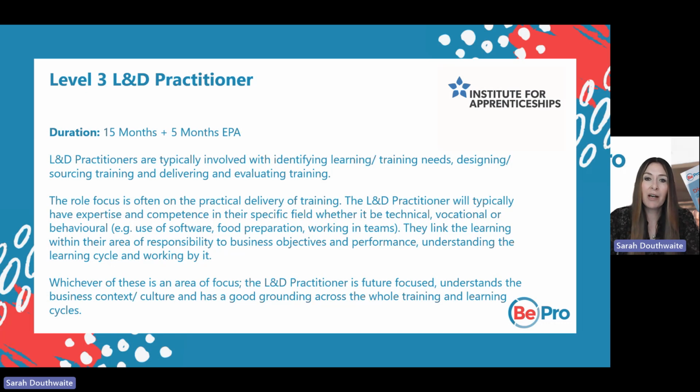If we think about the types of people or roles that this apprenticeship is suitable for, we're pitching this at L&D practitioners that are typically involved in identifying learning needs, training needs, designing, sourcing, training, and delivering and evaluating training. The role focus is on the practical delivery of training.